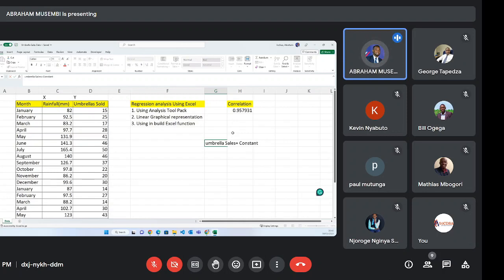So we can now start with the linear graphical representation. We'll get the equation of our straight line, or the model. So by doing so, we'll just go to the data.